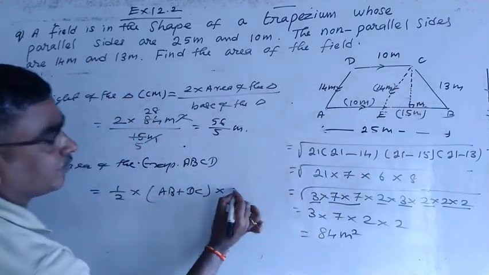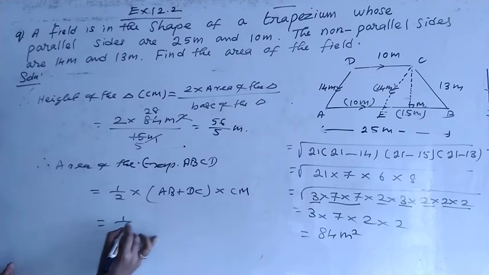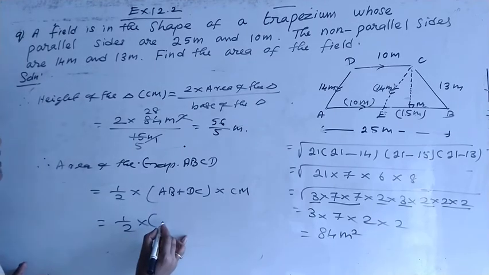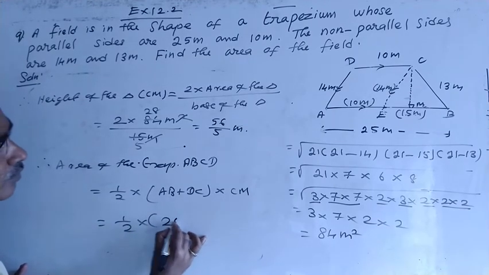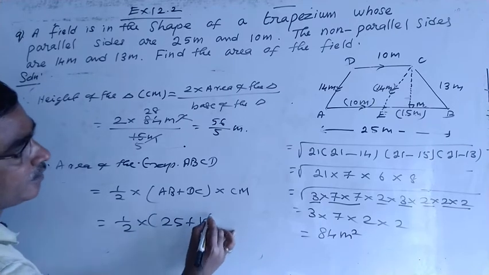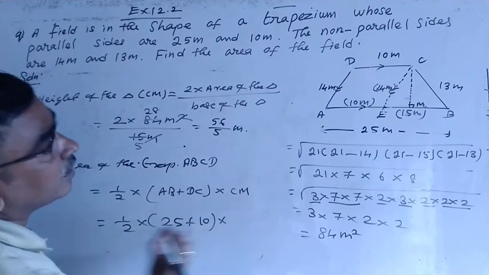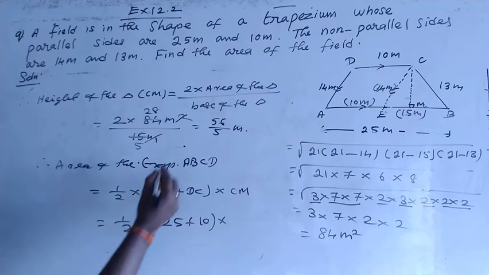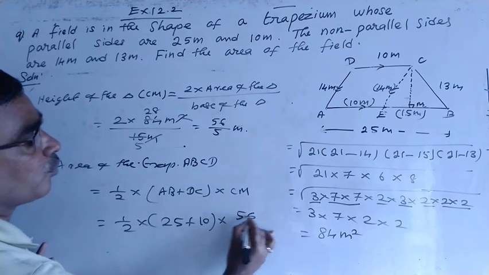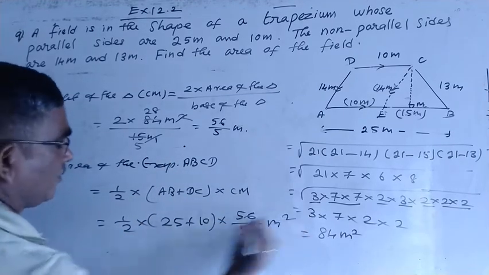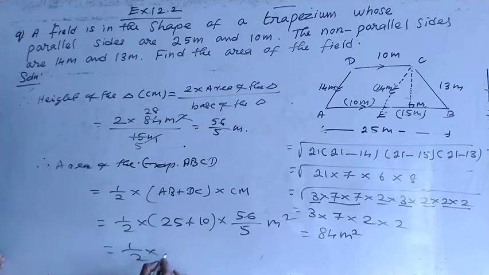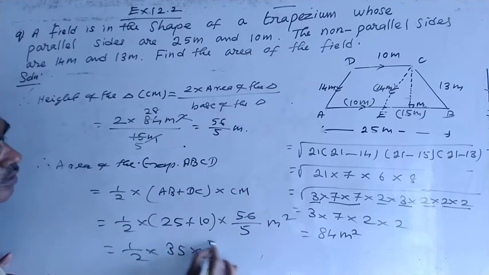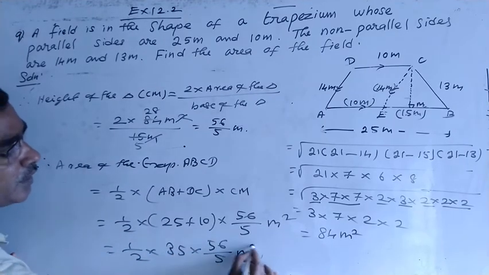That's called CM. Okay, half into sum of the parallel sides: one is 25, another is 10, into the height, that is CM, equal to 56 by 5 meter square. Okay, so half into 35 into 56 by 5 meter square.